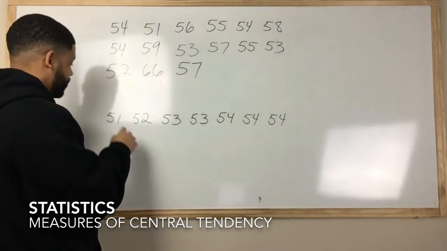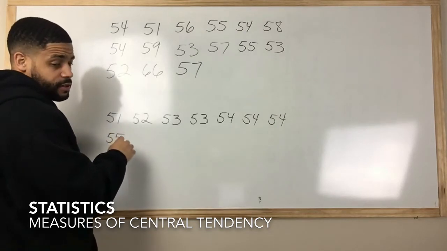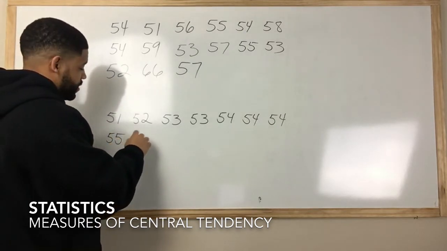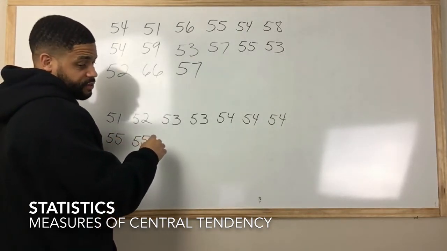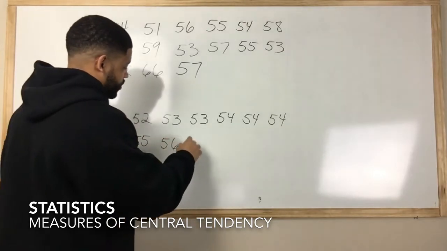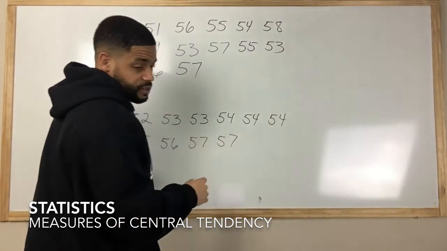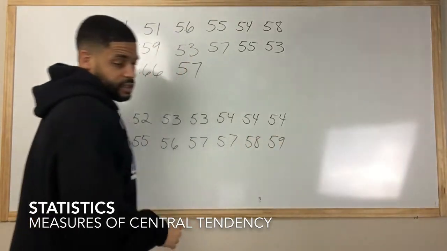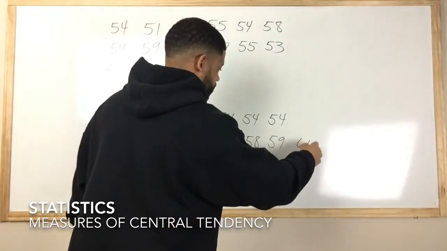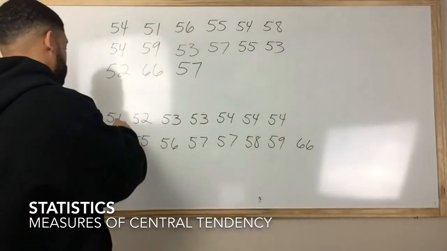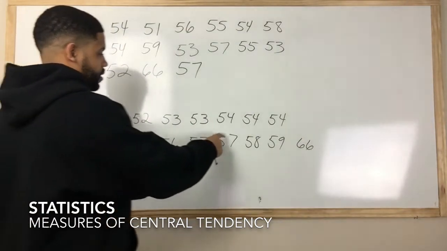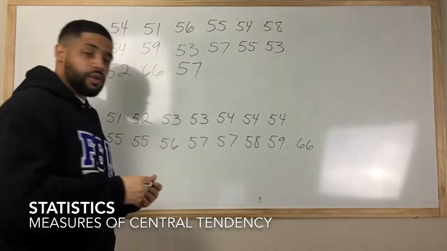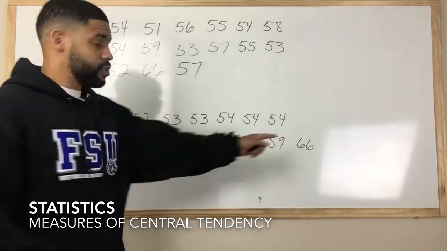Then we have 55, 55 again, 56, 57, 57, 58, 59, and 66. All right, let's make sure we have all 15 of them: 2, 4, 6, 8, 10, 12, 14, 15. So these are all of our numbers written from least to greatest.